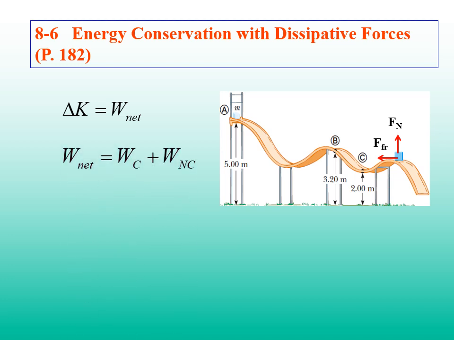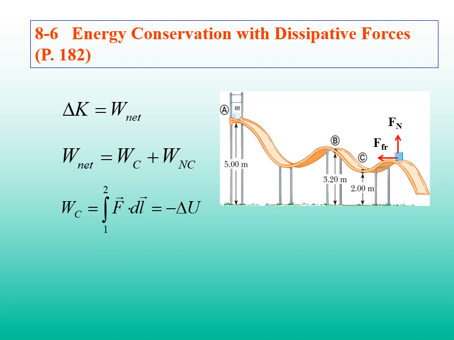The forces that do work on the roller coaster car, in this case, are gravity and friction. So the net work equals WC, the work done by the conservative force gravity, plus WNC, the work done by the non-conservative force friction.